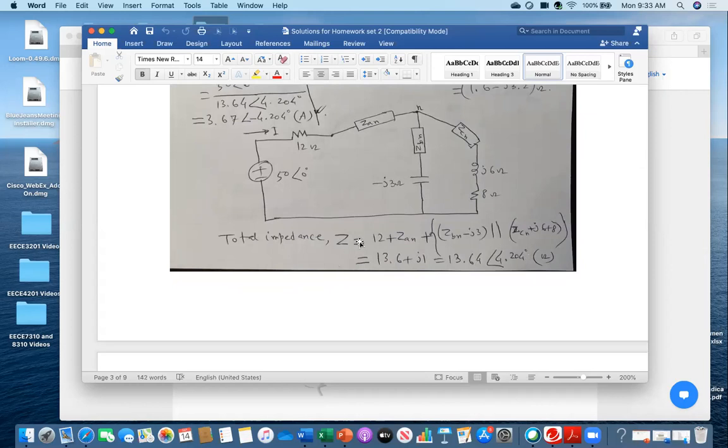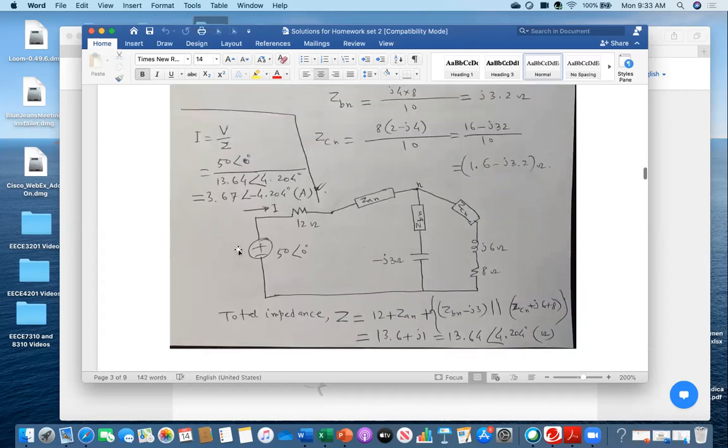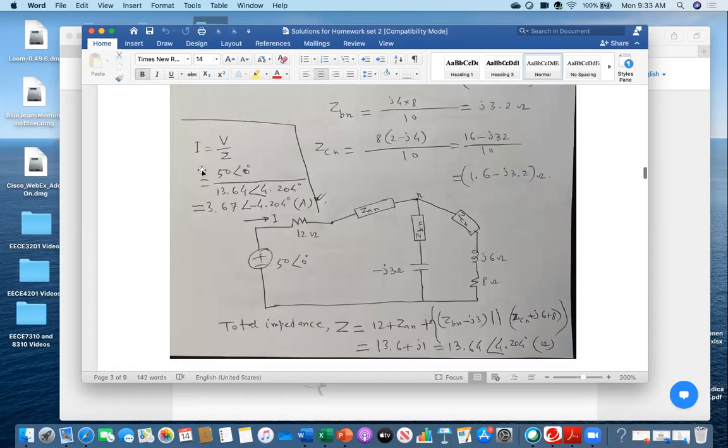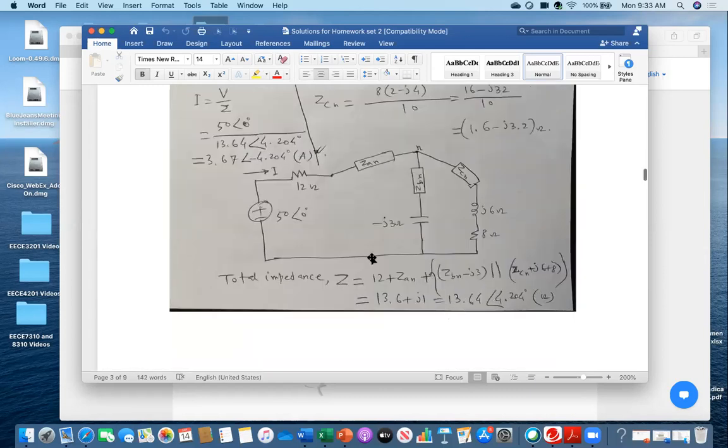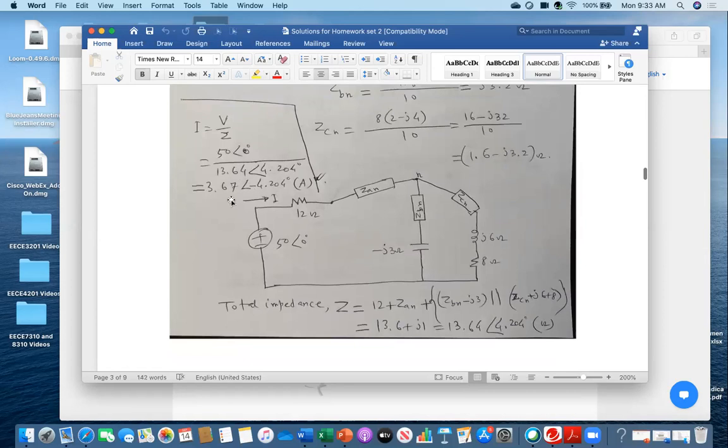Once you get that total impedance, you are done. This is your voltage. You are asked to find the total current. So total current, you see here I did V over Z. This V is 50 at an angle of 0. And what is my Z? This is my Z that I put. So the final result is 3.67 angle minus 4.204 degrees ampere. That is the correct result.